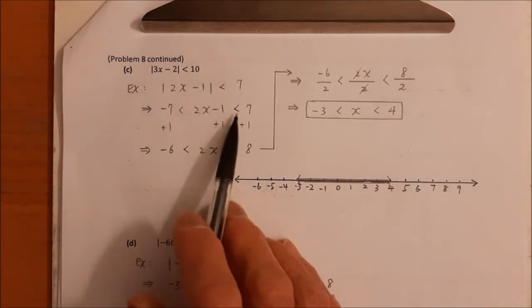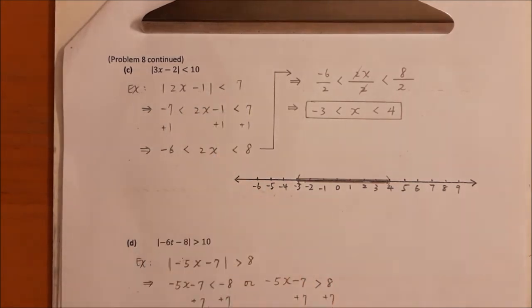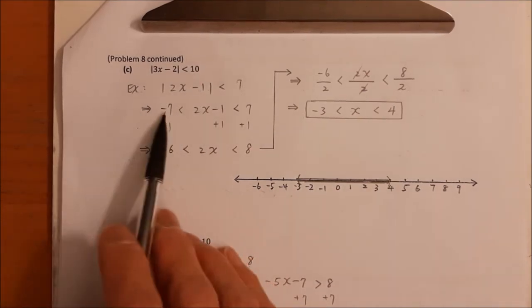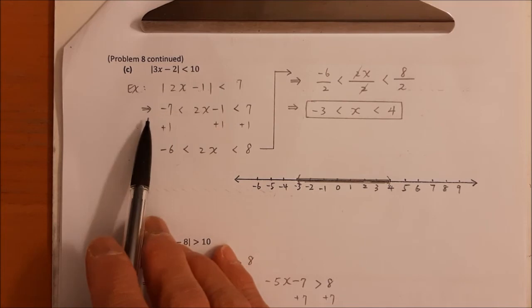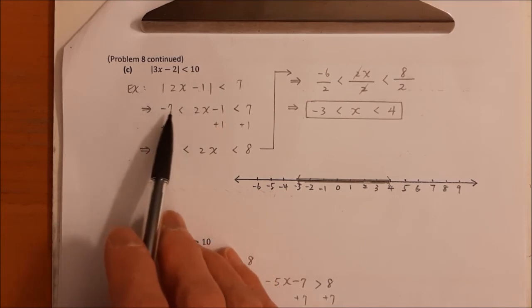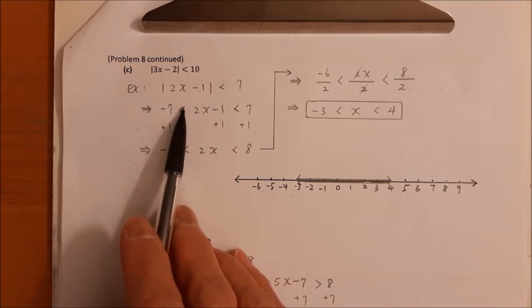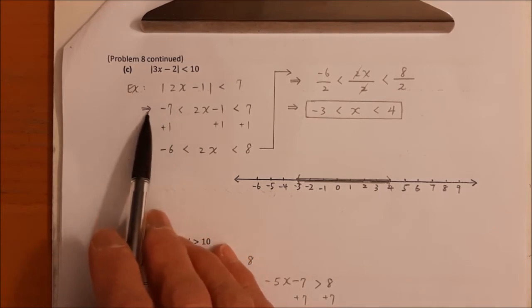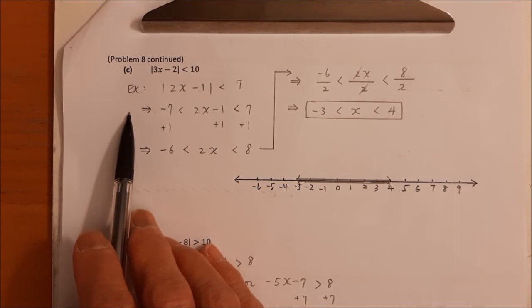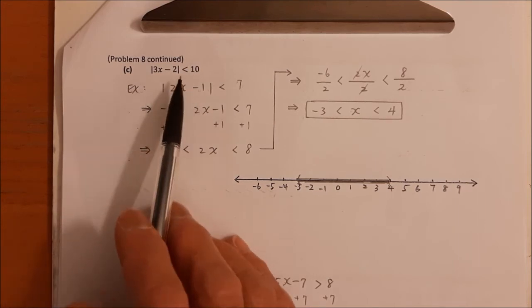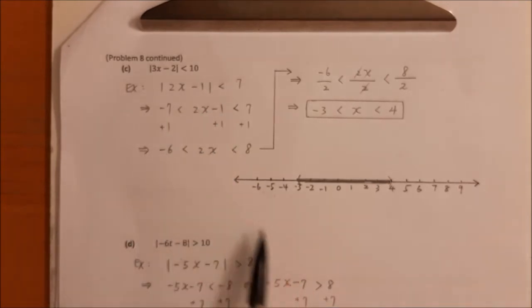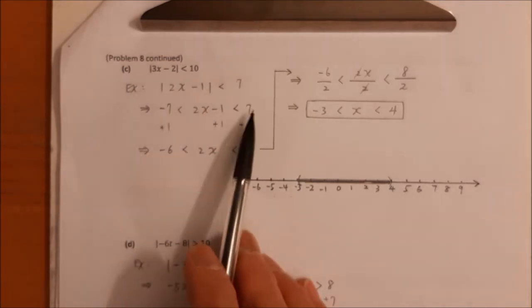Then taking the absolute value will be less than 7. But if you keep going to the left, this side needs to be more than negative 7. So the left hand side needs to be greater than negative 7, because if you don't, like negative 8, negative 9, you take the absolute value and it becomes greater than 7. We want the absolute value less than 7. So it will be between negative 7 and 7.